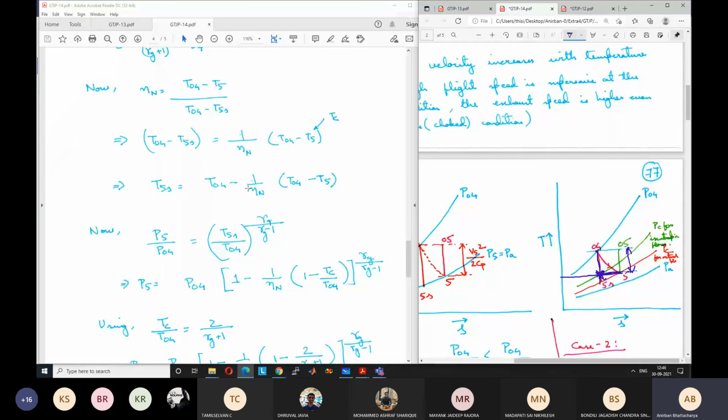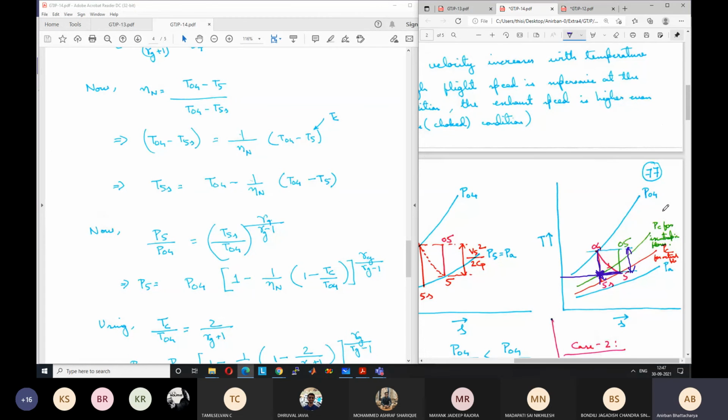So this gives us the critical pressure for a nozzle which is non-ideal, where there are frictional losses. This critical pressure is different from the critical pressure for an isentropic nozzle. Although the critical temperature is the same, the critical pressure is different. And you will be able to easily verify that this critical pressure is lower than the critical pressure for the isentropic nozzle.